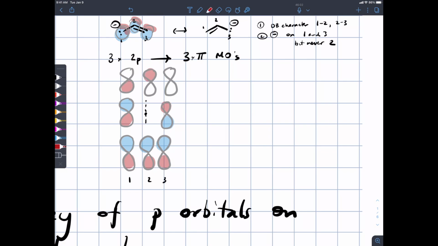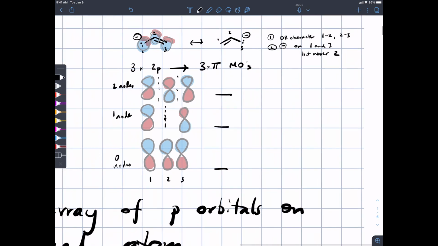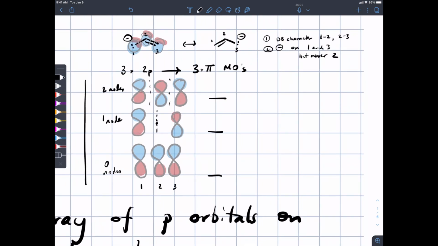Then the highest energy one's the one where they are all sort of out of phase with each other. And so to order them in energy, we count the nodes. We've got 0 nodes here, we've got 1 node here, we've got 2 nodes there. So they are in order of energy. And then we fill up these orbitals with the available number of electrons.